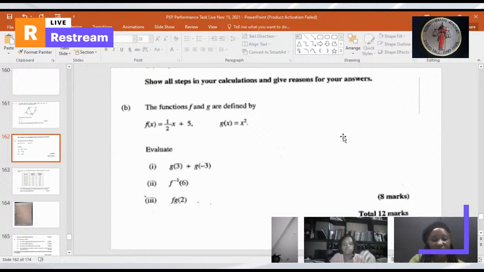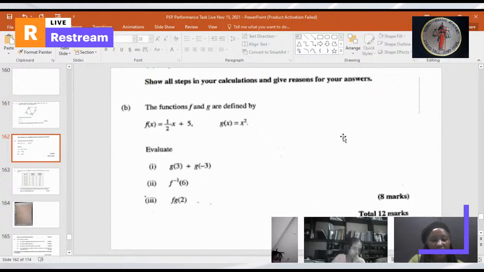So write the function f of x equal half x plus 5. And then we're going to replace that f of x with y. So we'll have y equals the same function that they give us for f of x, half x plus 5, right? Yes, Miss.